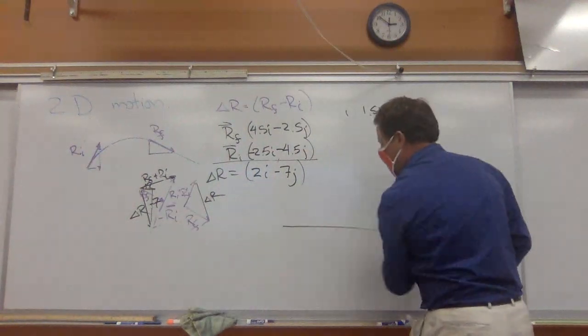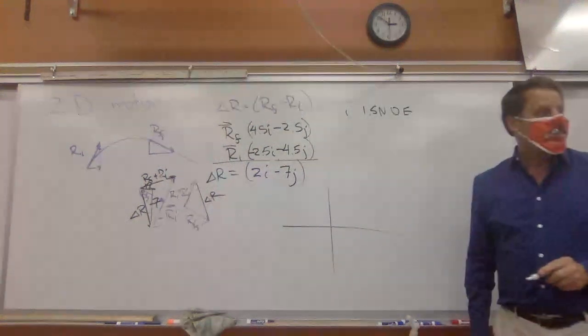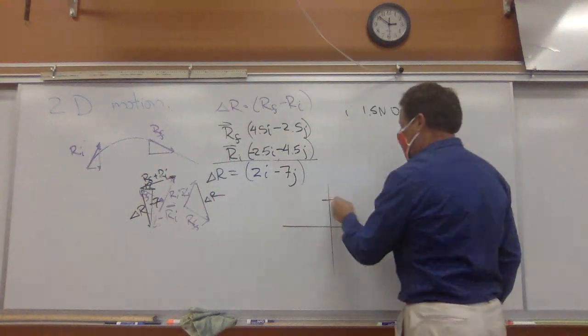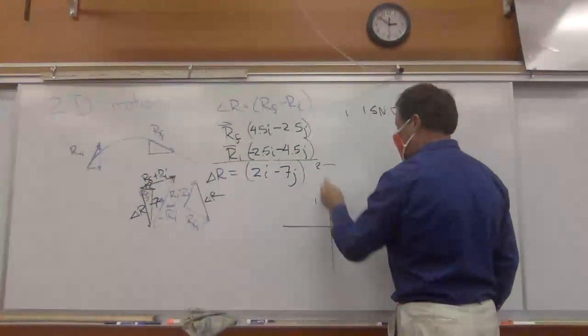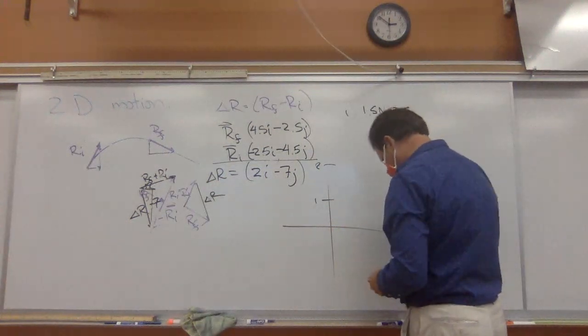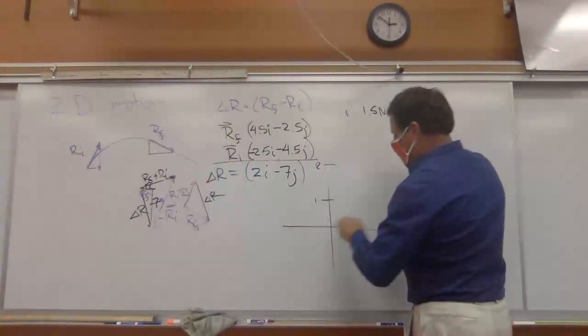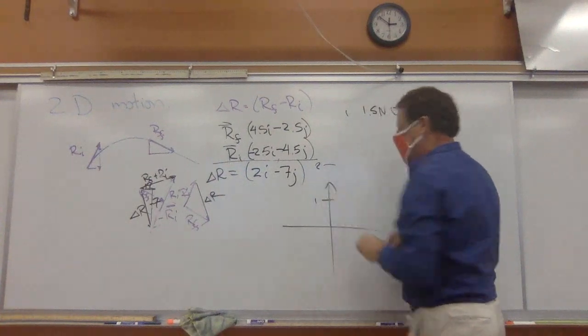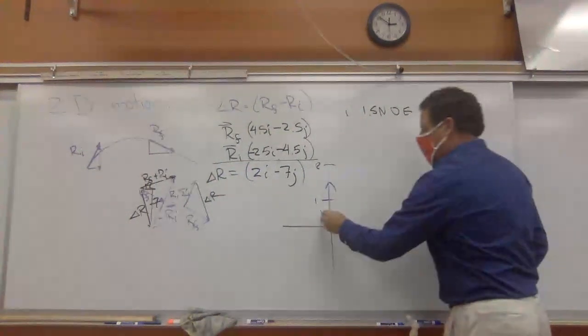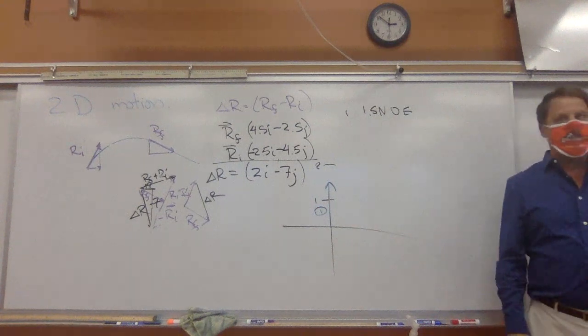If we do a graphic here, their first vector is going to be like that. So this is vector 1.